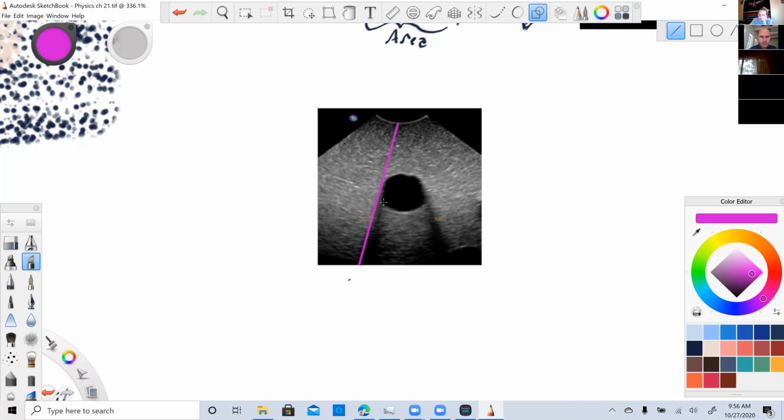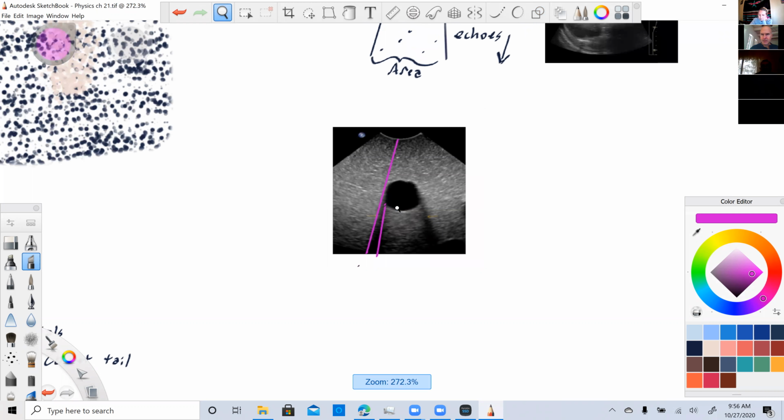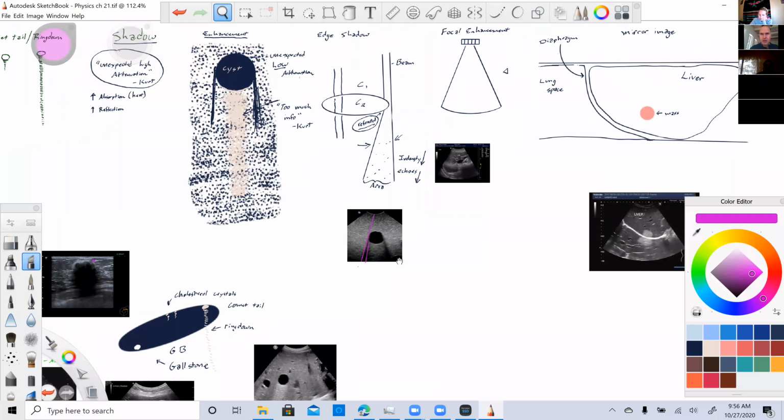Yes, that's a little more accurate. Okay. So that beam line is just hitting the edge. Part of the beam goes straight, part of it goes through the fluid of this cyst, and direction is changed. Okay. Trying to make sure I don't say anything incorrectly here. Okay.